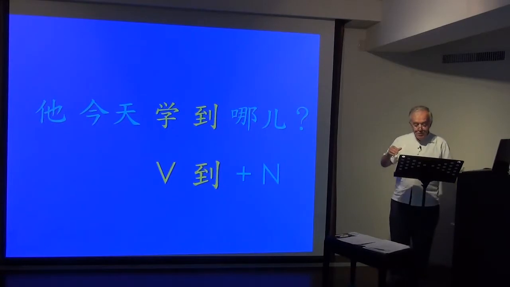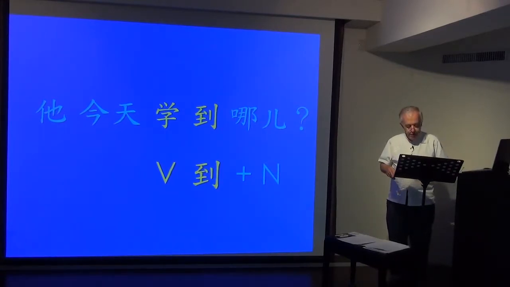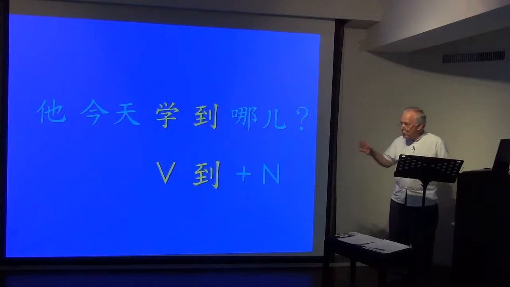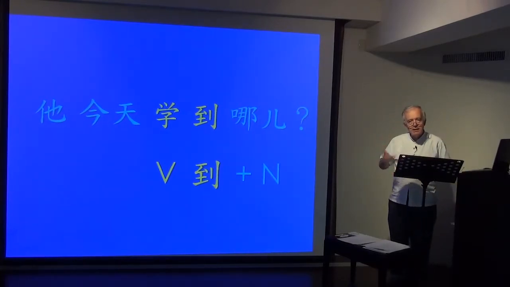With these verbs indicating when or where an activity lasts until or reaches to, 到 follows the verb. Also, 到 follows the verb of motion indicating a destination.